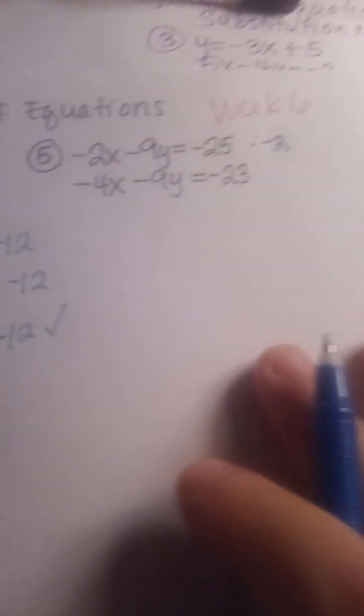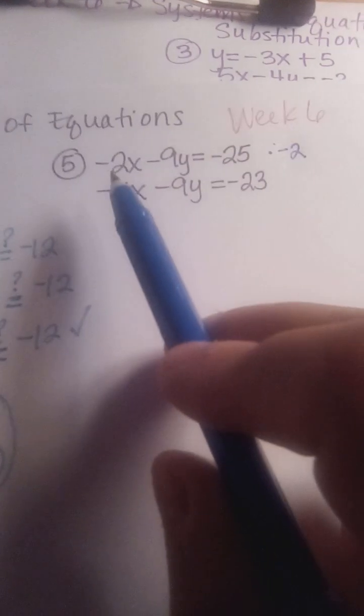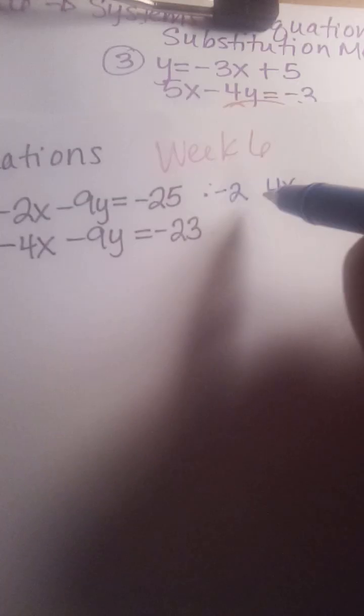Okay? So we have a negative 2 times a negative 2, that is 4x. And then a negative 9y times a negative 2, that gives us a positive 18y, I'm sorry. Let me move this up. Give me a second, because it's too close to the edge of the paper.